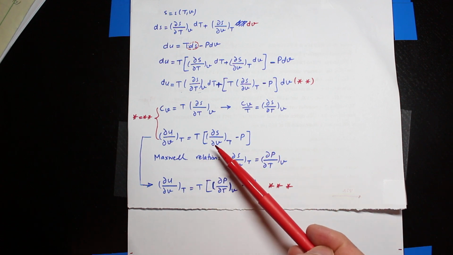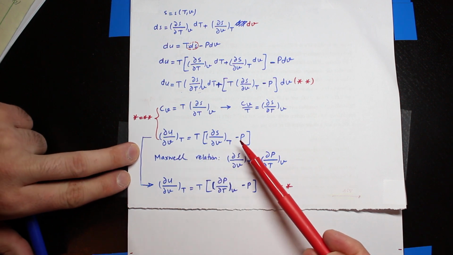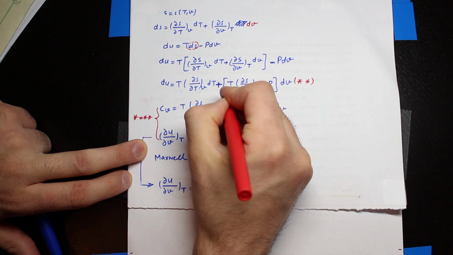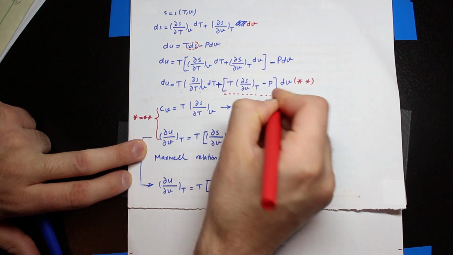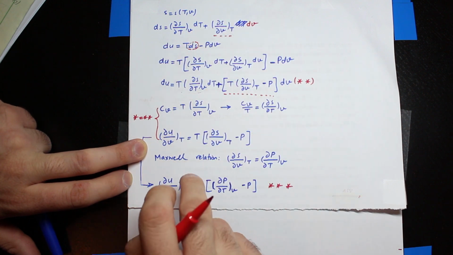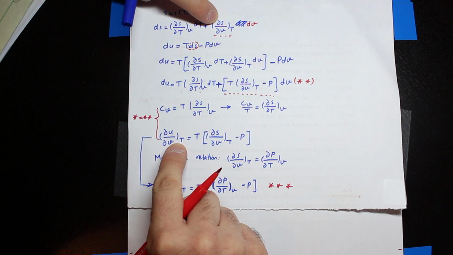If I go back to this correlation, I need to be careful. Here I made a mistake, because in this line I was equating the coefficient of dV, this one with this one. So here that's partial S partial V for constant temperature.